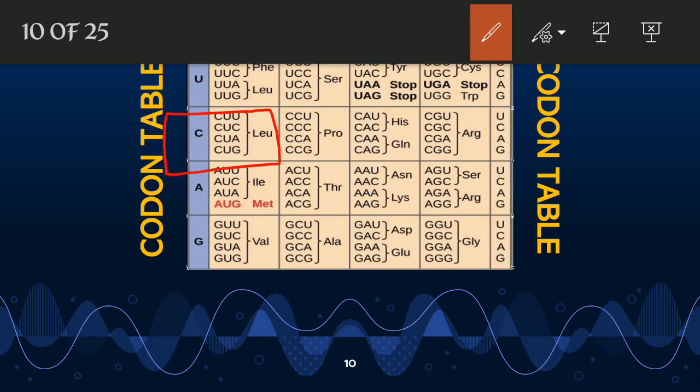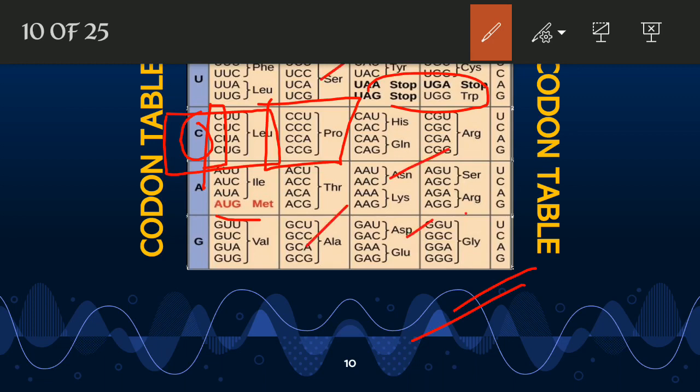We see that the first letter in this box is C, and the second letter here is U. In this box we see that the first letter is again C and the second letter here is C. So that is how the entire pattern of the table is, and the stop and start codons are also mentioned along with different specific amino acids.